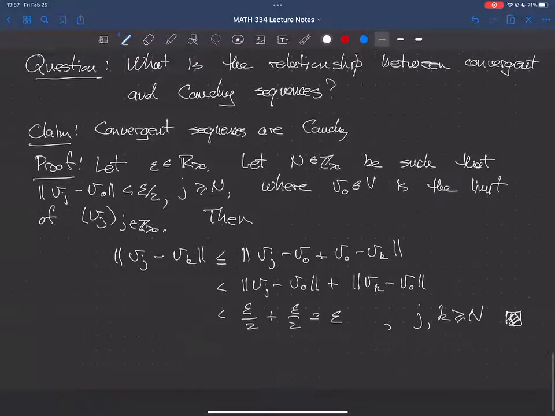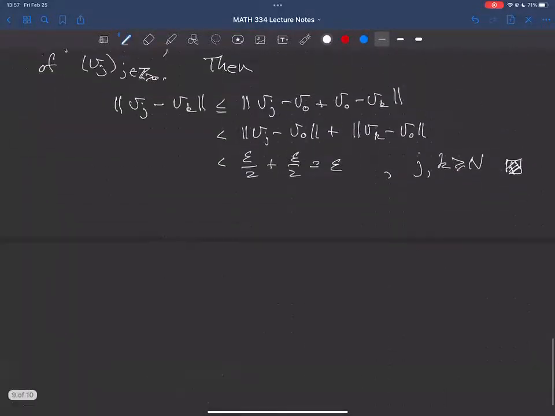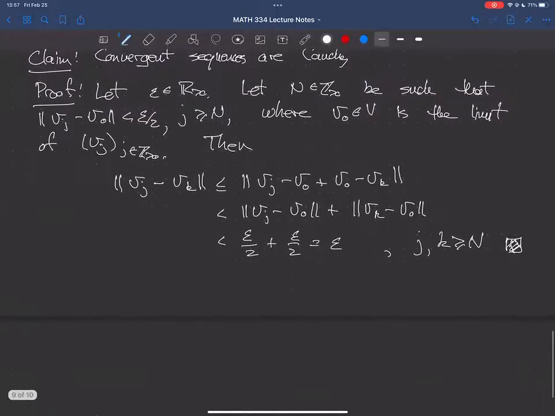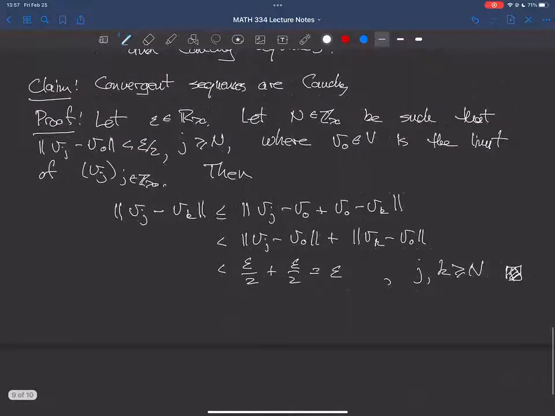All right. So now, what about the opposite implication, namely the convergence of Cauchy sequences? Well, that's not generally true. And we're going to explicitly build examples of non-convergent Cauchy sequences so we can get some feeling for what the problem is.